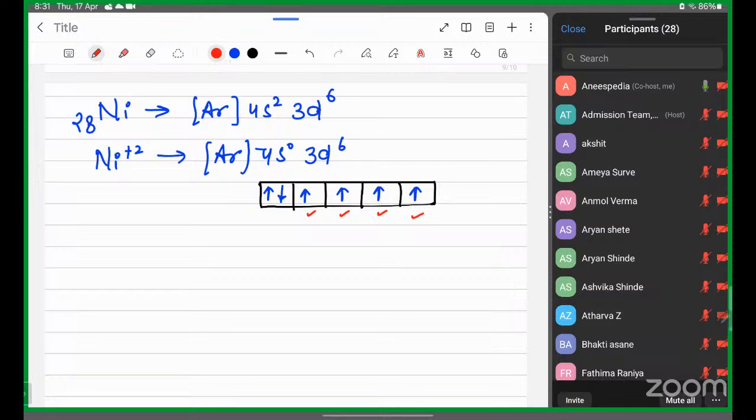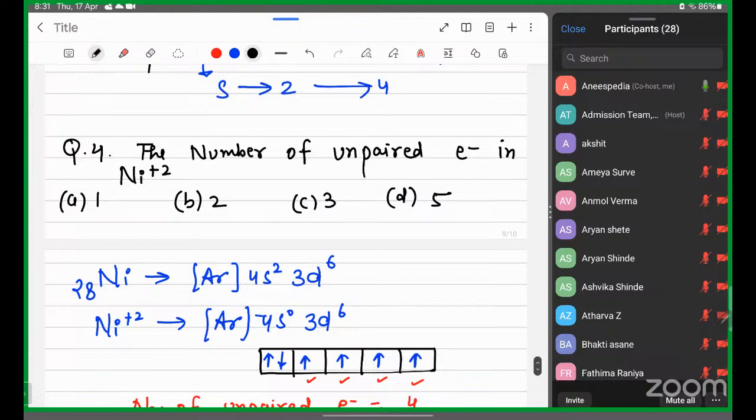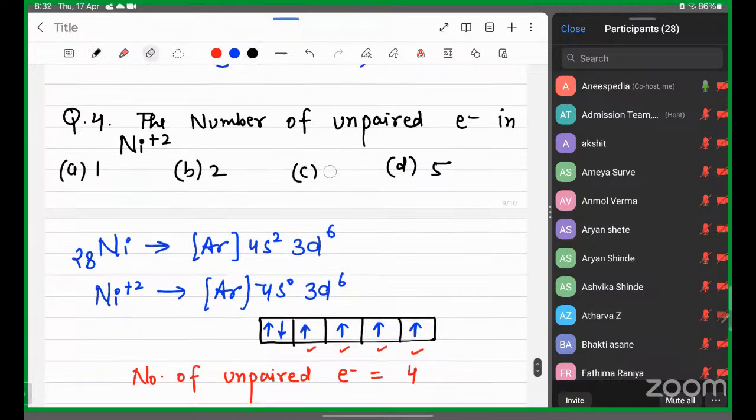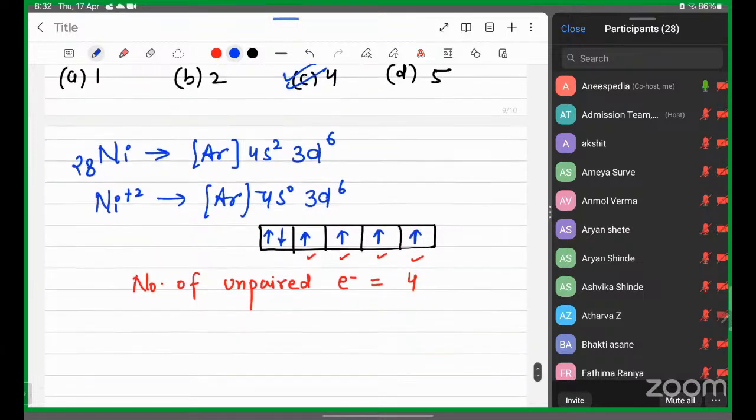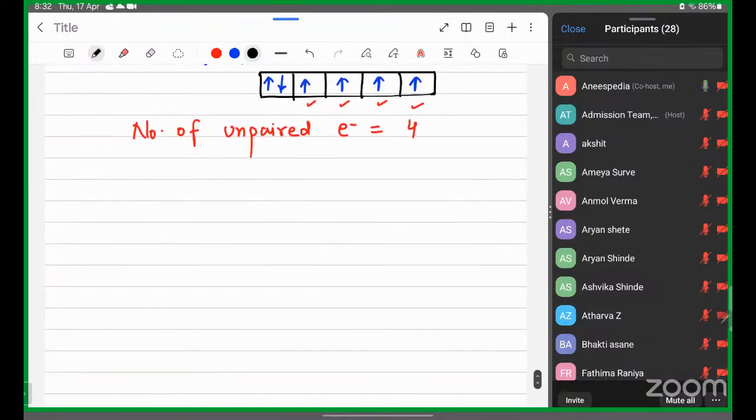Answer will be 2 then. The number of unpaired electrons will be 2. So one of the options must be 2. Let's say this is 2. So correct option will be B. Understood? This is an interesting question.